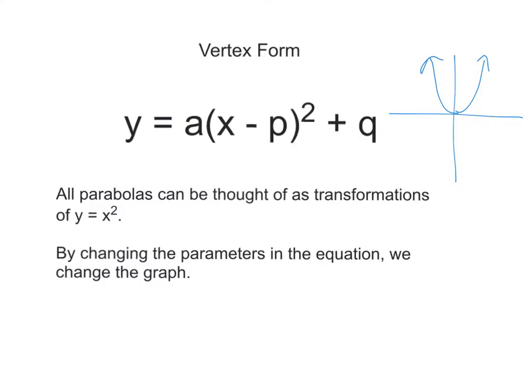And that's what you should have discovered yesterday. If we put a different number in there for p or q or a, the graph looks different. For y equals x squared, a is 1, p and q are 0. So that's why it just looks like y equals x squared. It still has a, p, and q values, but you just don't see them.